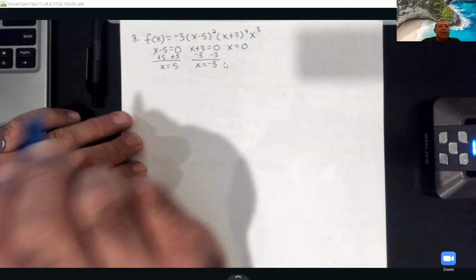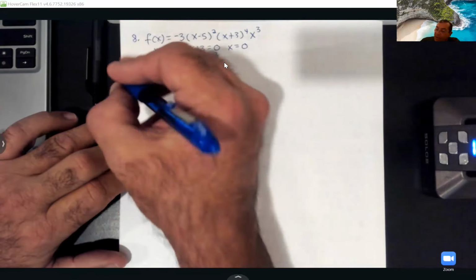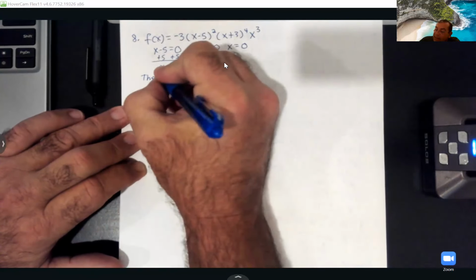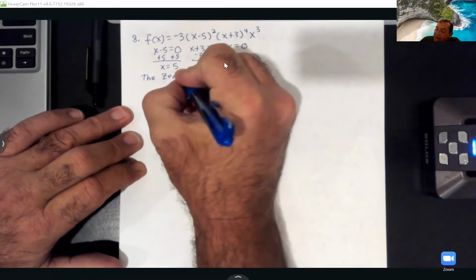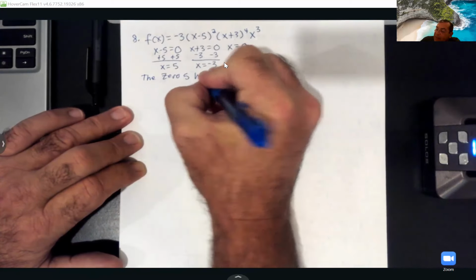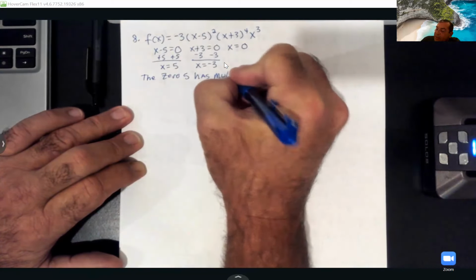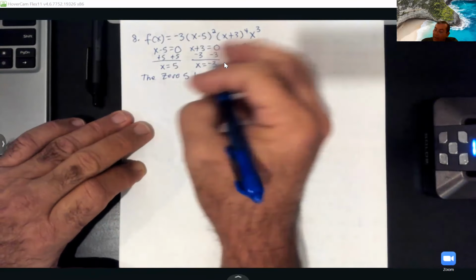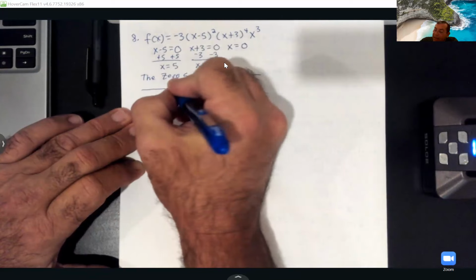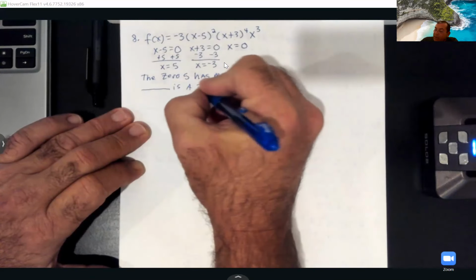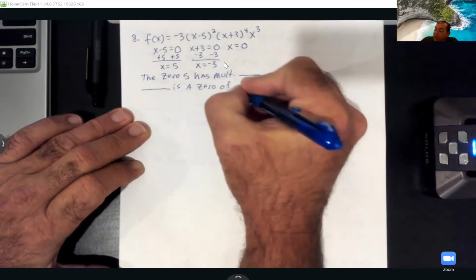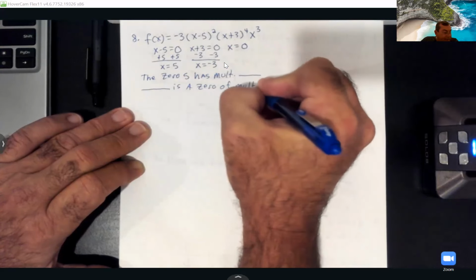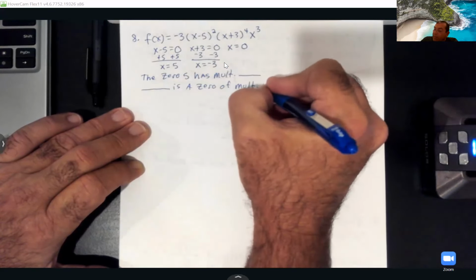So y'all watch how they answer this one. They say the zero 5 has multiplicity blank. And then blank is a zero of multiplicity 4.